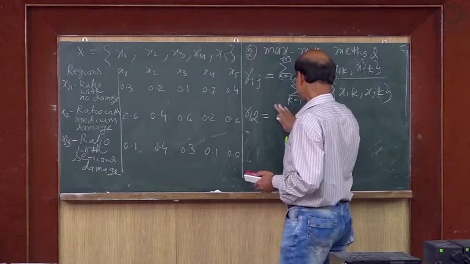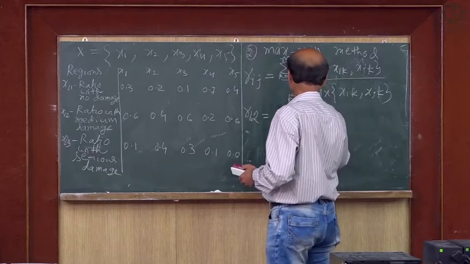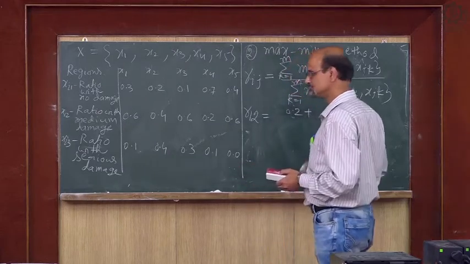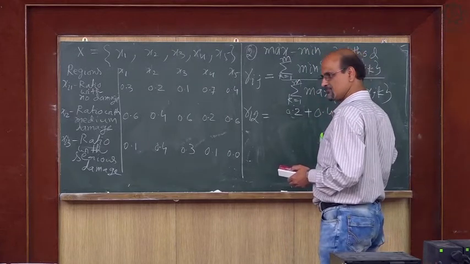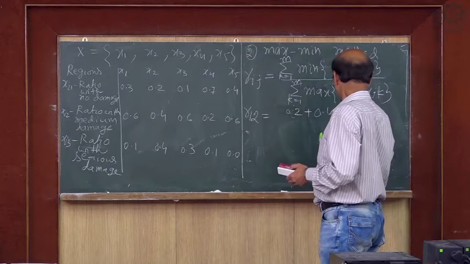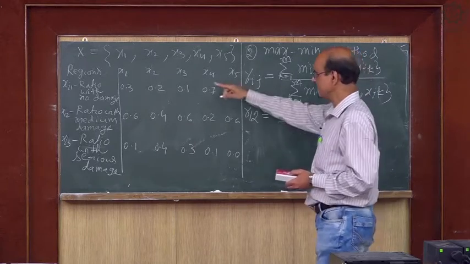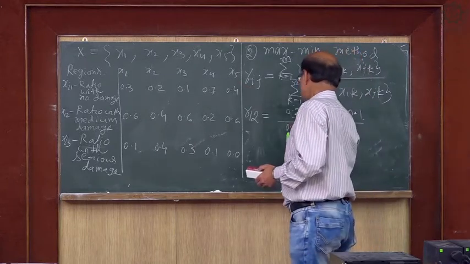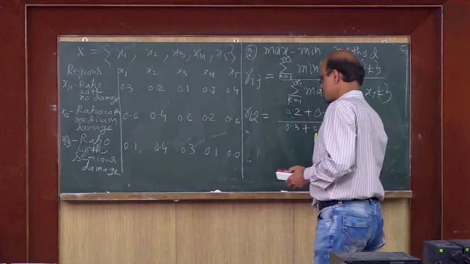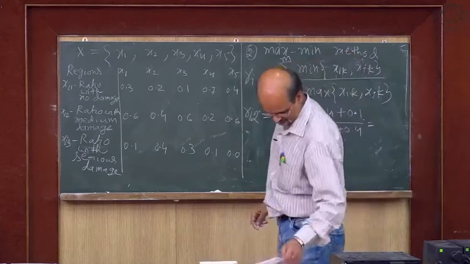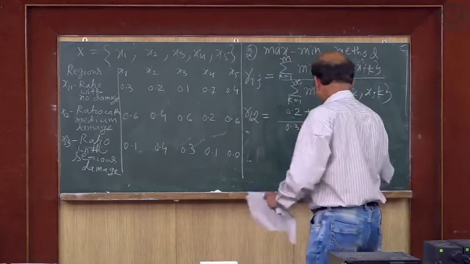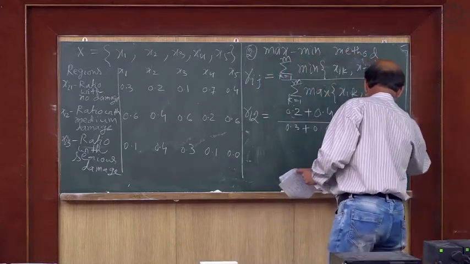So, I will write directly 0.2 plus 0.4 plus 0.1, is it okay? Divided by 0.3 plus 0.6 plus 0.4, and what is that value? And that is your 0.538.